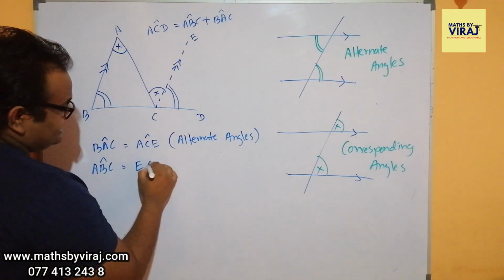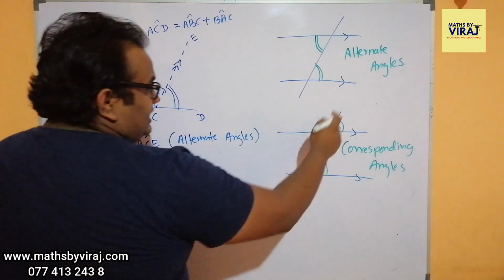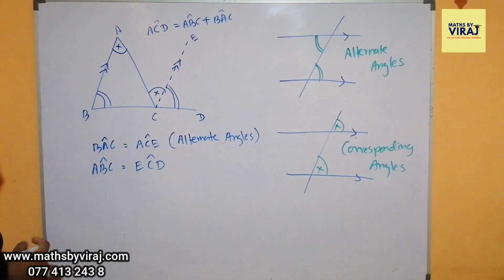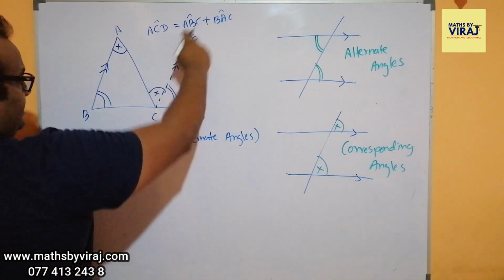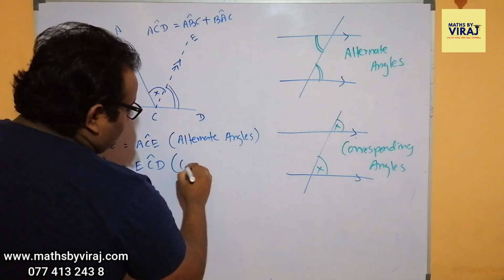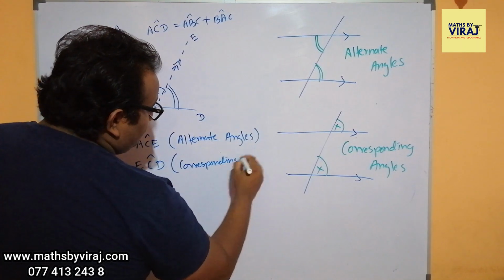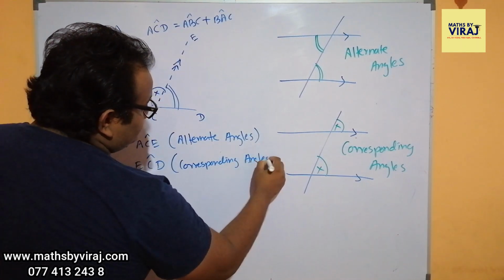Angle ABC is equal to angle ECD. Why? See, they are F-shaped. Therefore, these two angles are equal. We can call them corresponding angles.